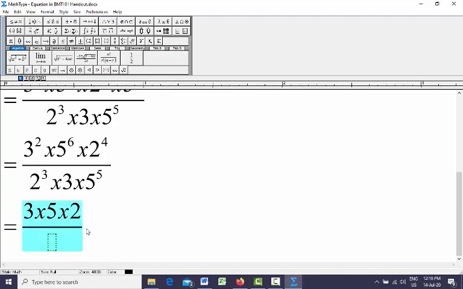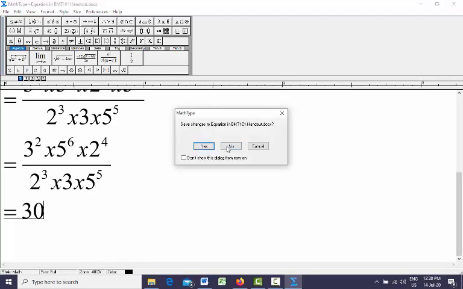We will have only 30 here. So that's the answer. Let me revise it again. Here we have 3, here you have 5, 15, and here we have 2, so 30. Yes, the correct answer.